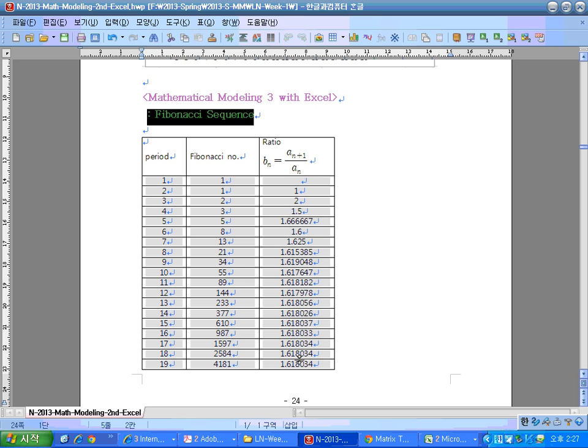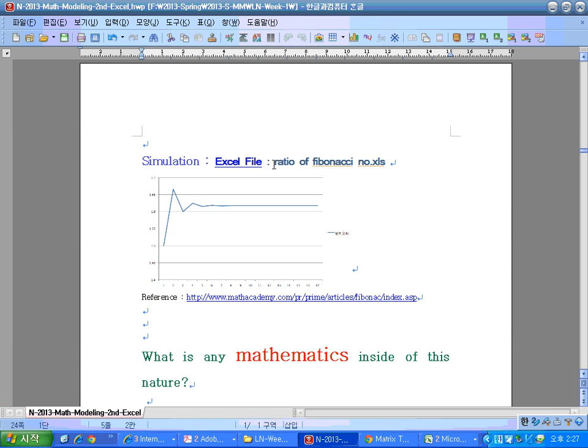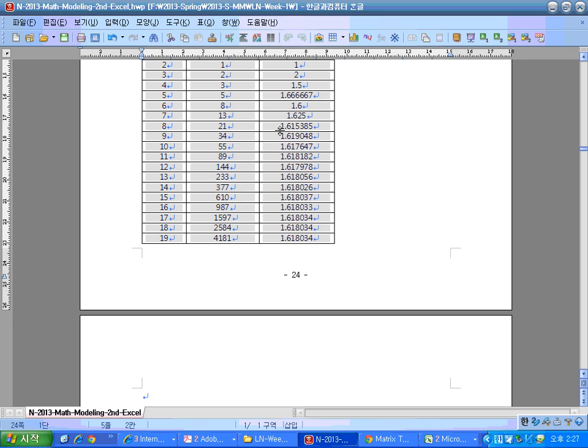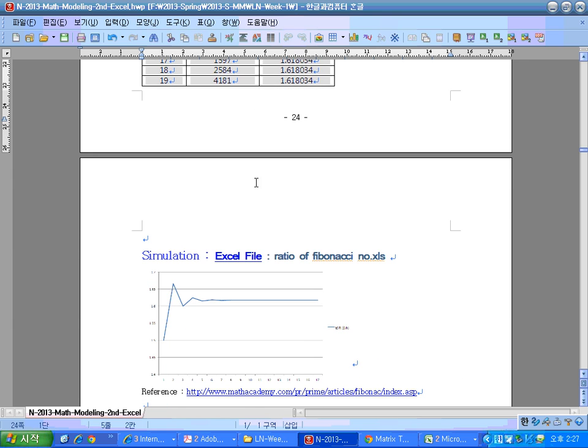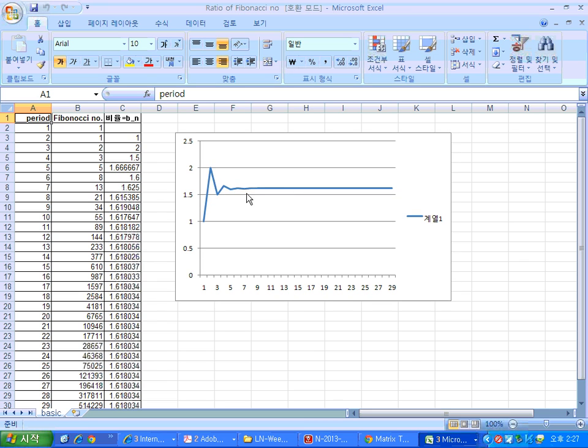This can be done by just showing it. Let's simulate this ratio. You don't have any information, but you have a table generated, so you can generate a graph like this.